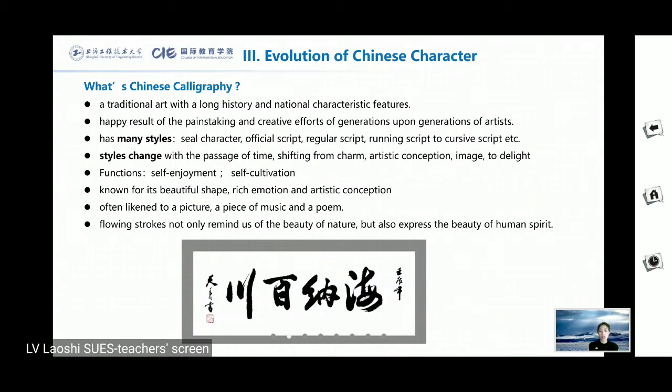Its flowing strokes not only remind us of the beauty of nature, but also express the beauty of the human spirit. It's not only a splendid flower in the garden of Chinese culture, but also a shining pearl in the treasure house of art of human beings.